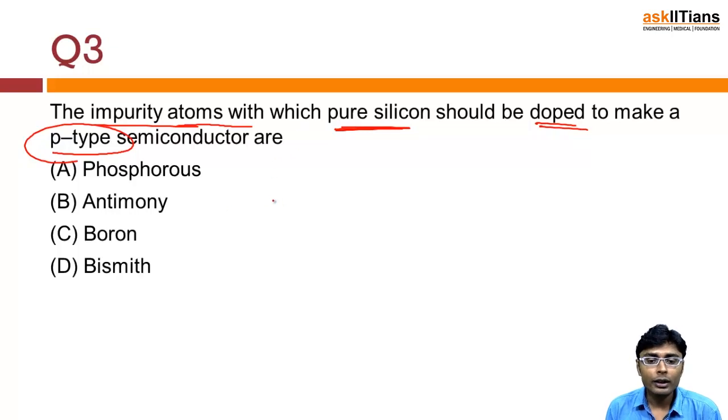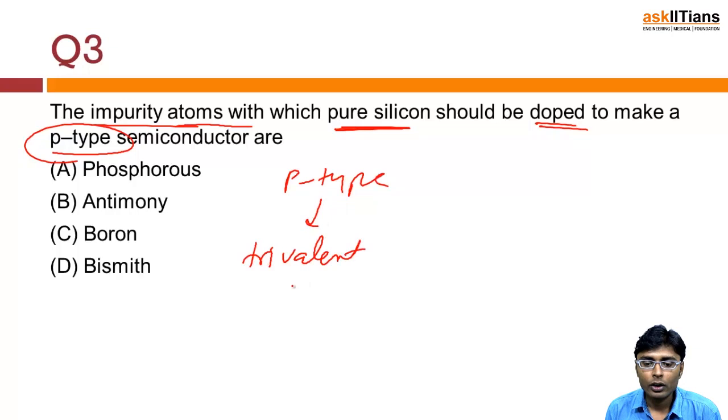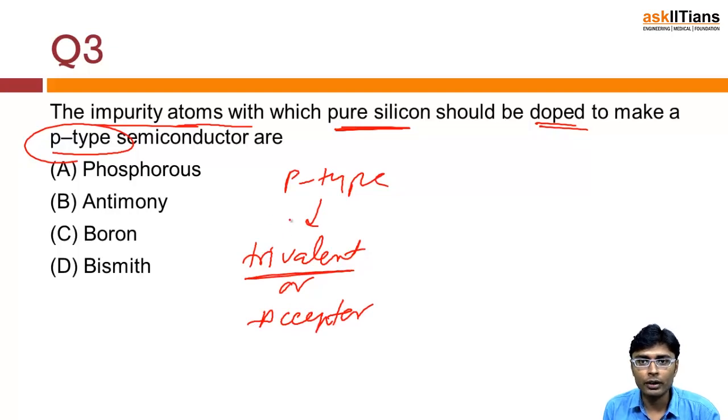So we have learned that to make a p-type semiconductor, the impurity should be trivalent, or acceptor impurity. That means trivalent means it should have 3 valence electrons in its outermost shell.